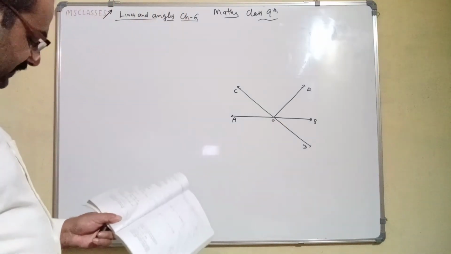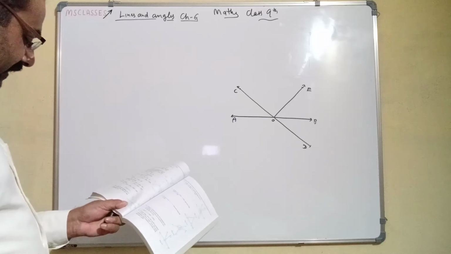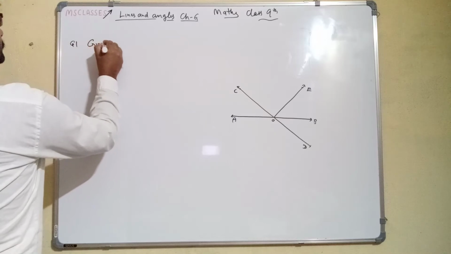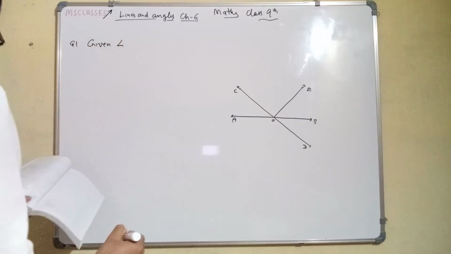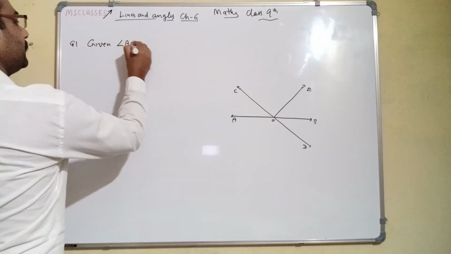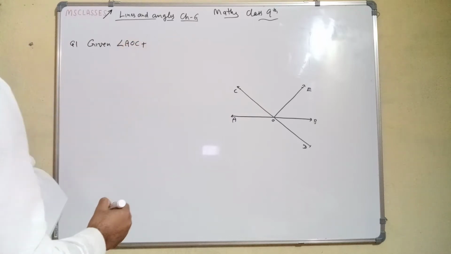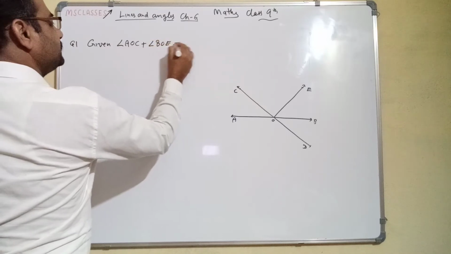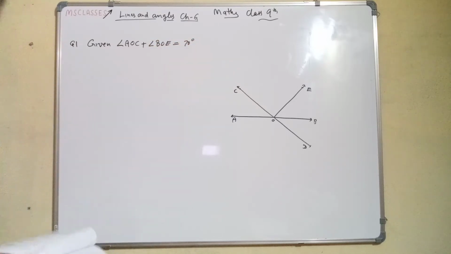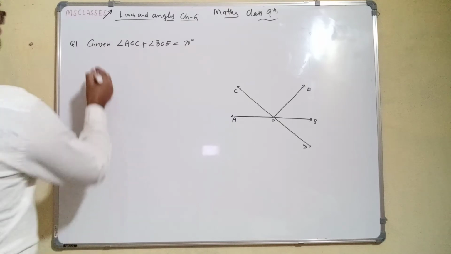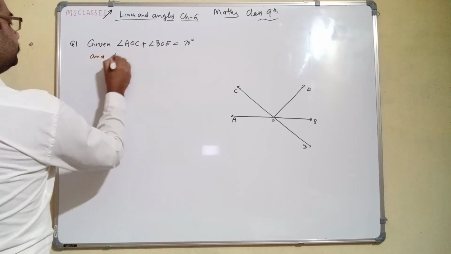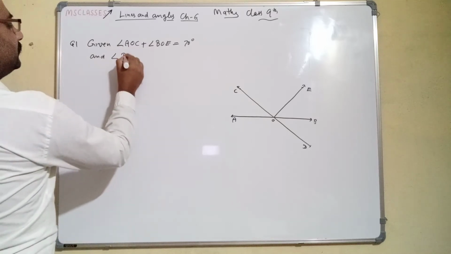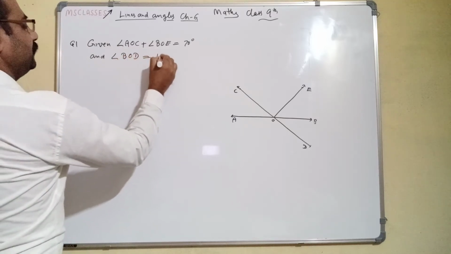And what we have given here, your question number 1, given: angle AOC plus angle BOE is equal to 70 degree, and angle BOD is equal to 40 degree.